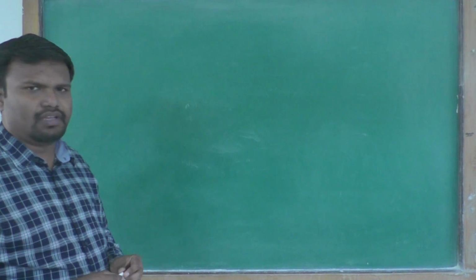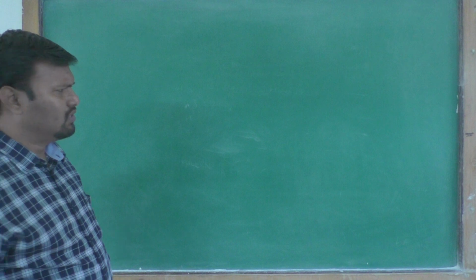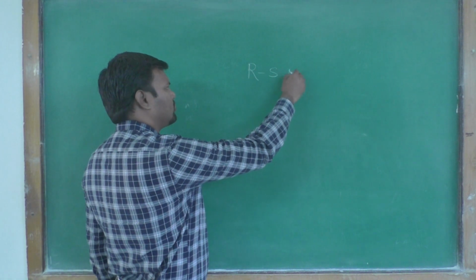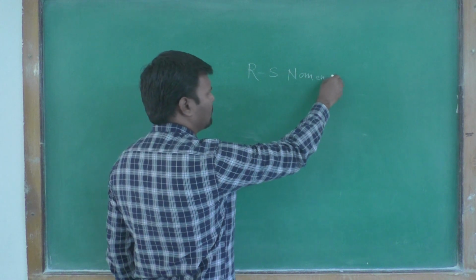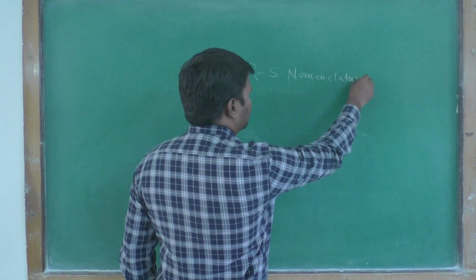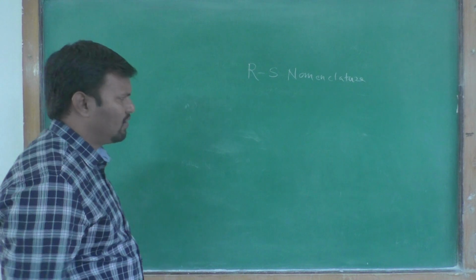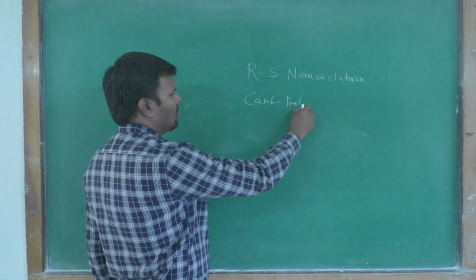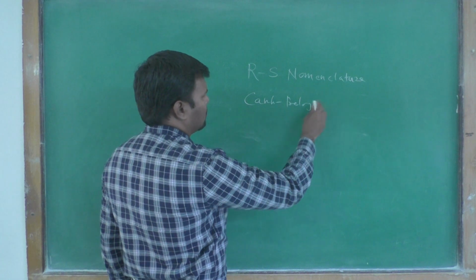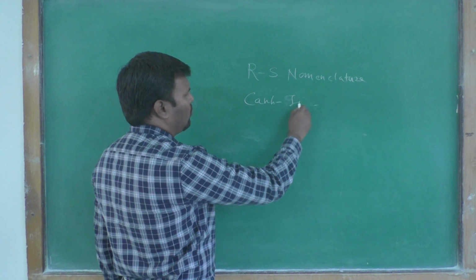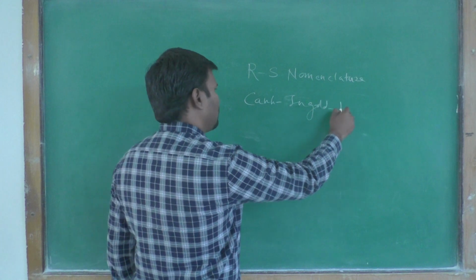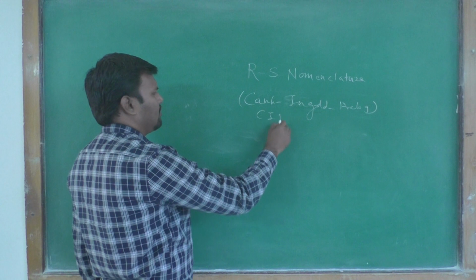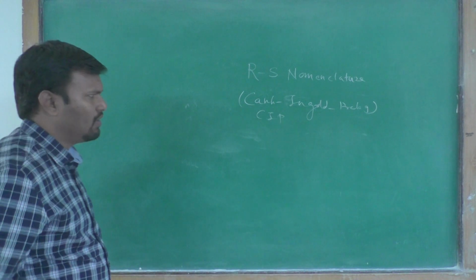Dear students, today we will discuss the nomenclature system, that is RS nomenclature. That system is given by Cahn, Ingold and Prelog, also called the CIP system.